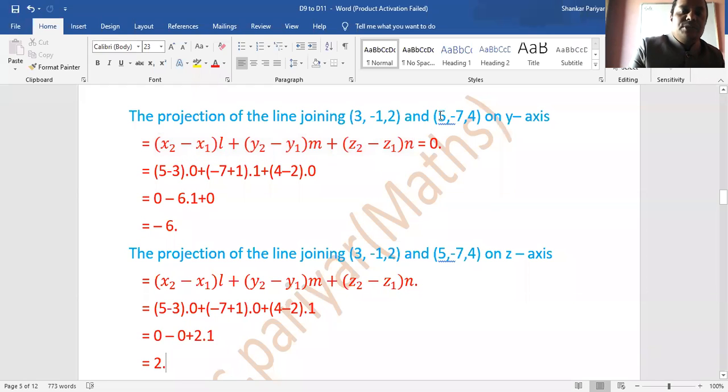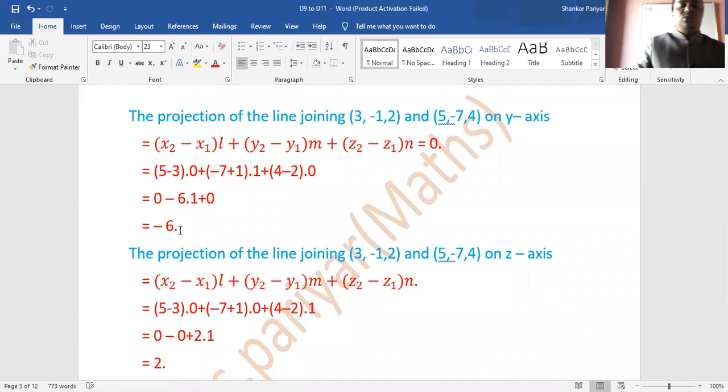Therefore, 5 minus 3 into 0 is 0, then minus 7 minus 1, which is minus 7 plus 1, into 1 gives 6, and z2 minus z1 means 4 minus 2 into 0 is 0. So 6 units is the projection of the line on the y-axis.